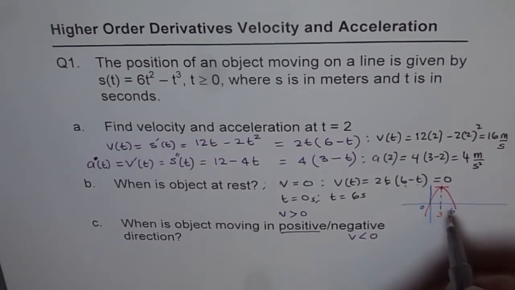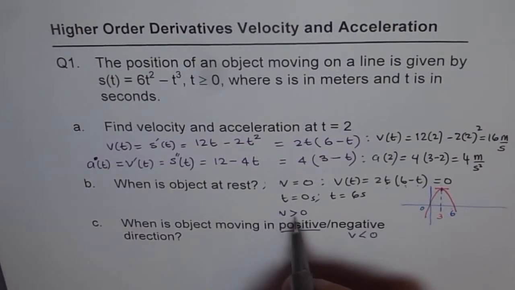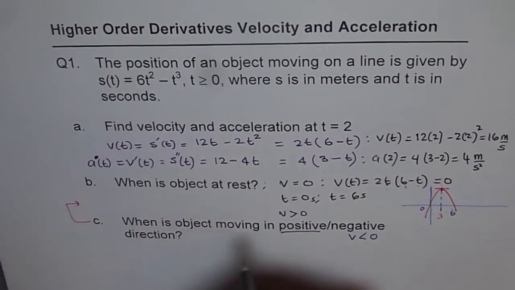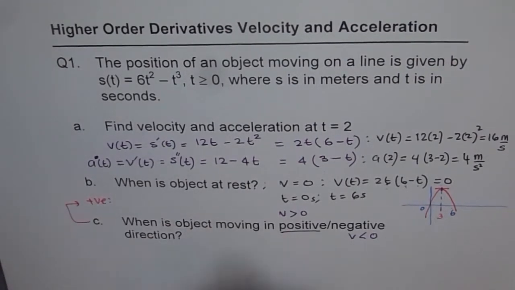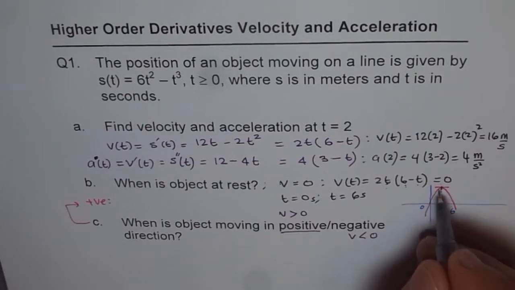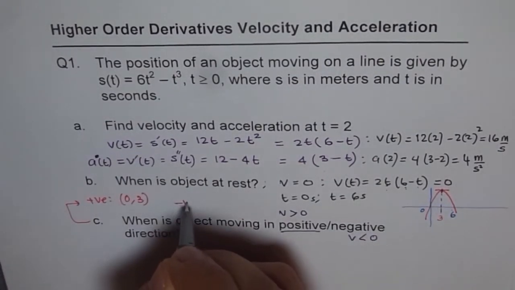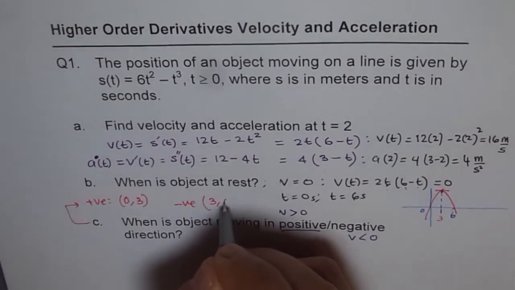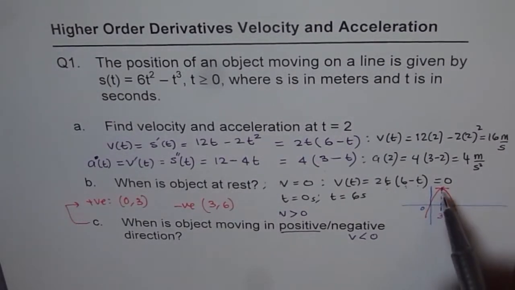Therefore, the object moves in the positive direction when velocity is positive. So let me use this space to answer question C. We say the positive direction is between the interval 0 to 3, and the negative is between 3 to 6. That is what positive and negative mean.